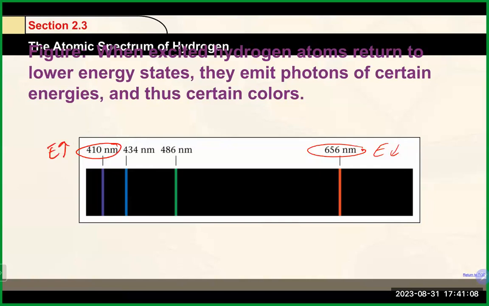So if we see this red line that pops up, it's probably the result of a transition that isn't involving a lot of energy levels, because it's only going to take a little bit of energy. That's different than what we see over there in the purple region. That's a much shorter wavelength, which is much higher in energy. So that may be an actual transition of an electron from multiple energy levels coming down, which would result in more energy that you see.